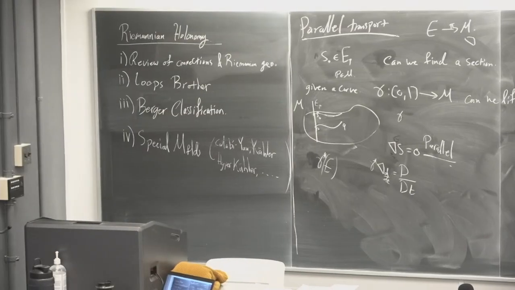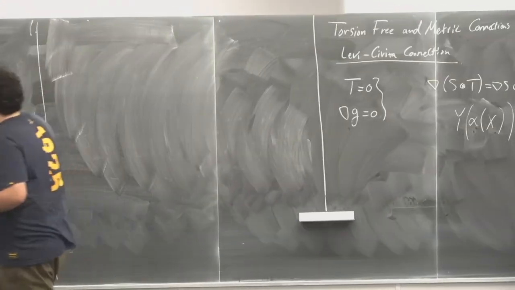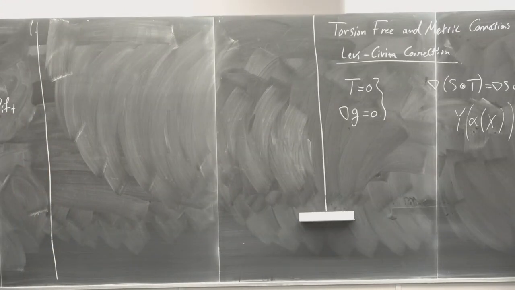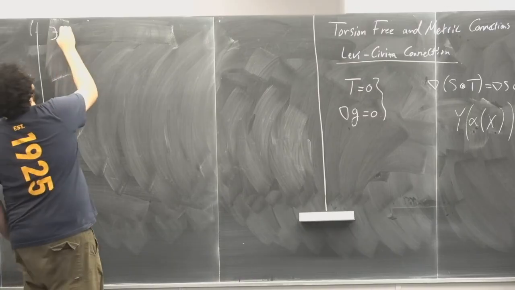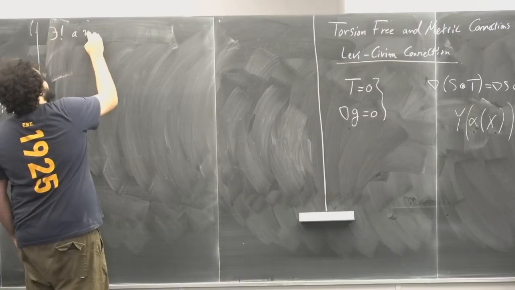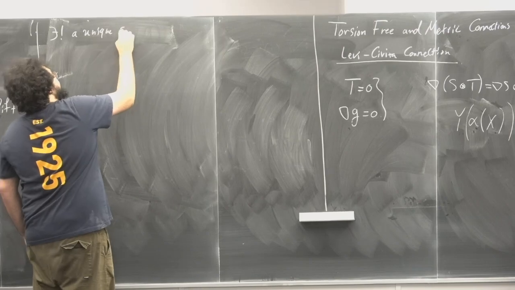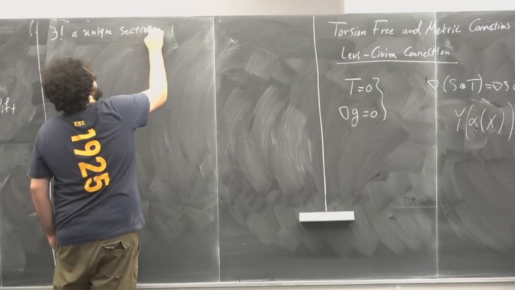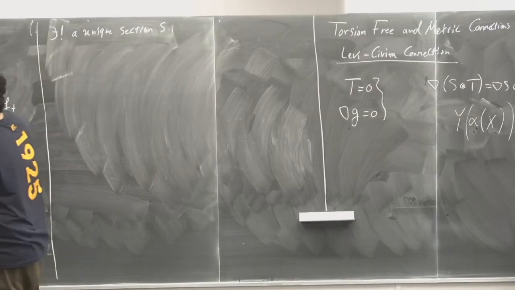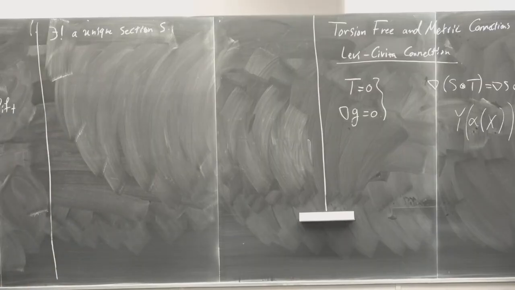So the question is, can we actually do this? There exists a unique section S with this condition: if I start at S0, there's a unique section such that the section at the point P is S0, and it's parallel along the curve gamma.